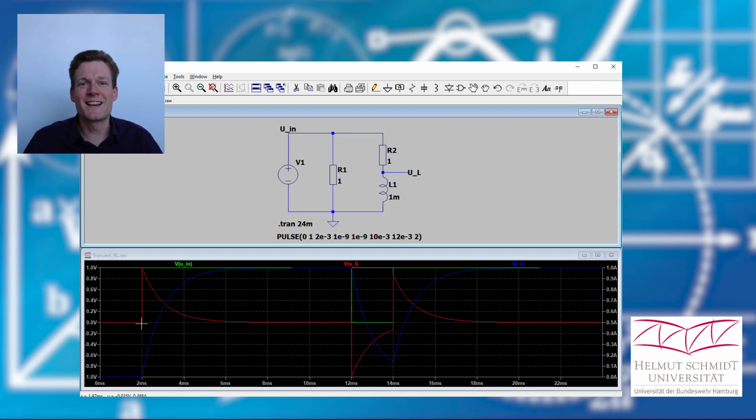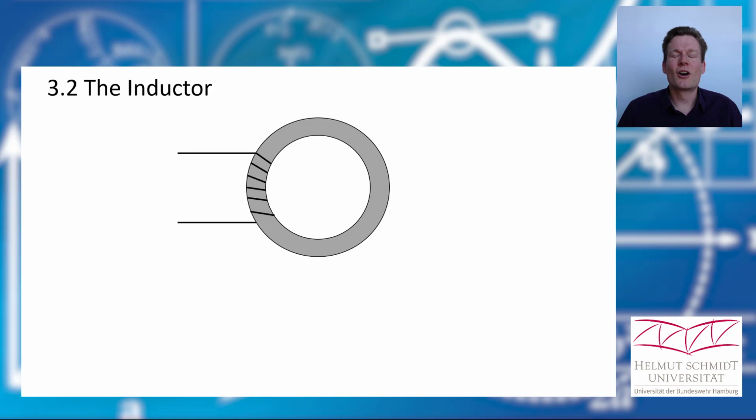Okay, let's discuss the element equation. We have seen that our inductor does not behave like a short circuit, not in the period of time we call the transient effect. After that it behaves like a short circuit. But why?